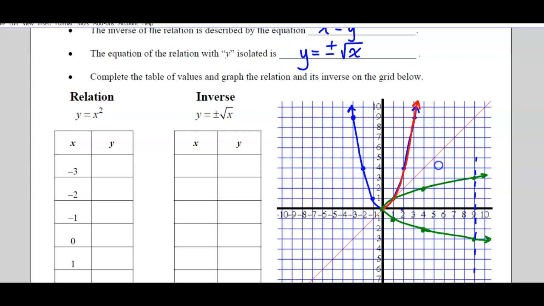So the right-hand arm, I call it the positive arm, becomes the positive arm on your inverse. Negative arm becomes the negative arm. Okay, but once you include points over that, so that there are two horizontal intersections, then it's not going to be a function.